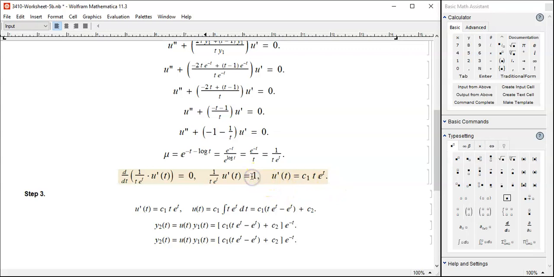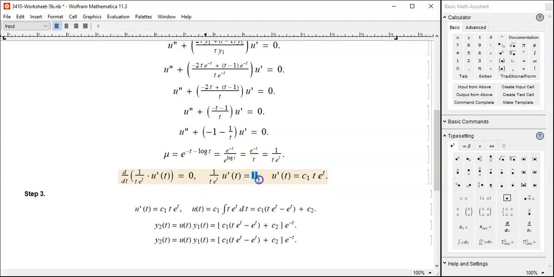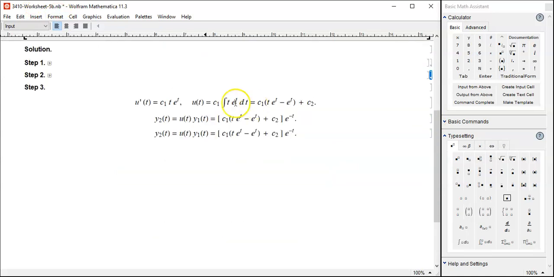I'll select it as 1 here. I don't have to select it. 0 is not good because I have to multiply. So this should be just 1. So that, okay, that's just 1. I don't need it.